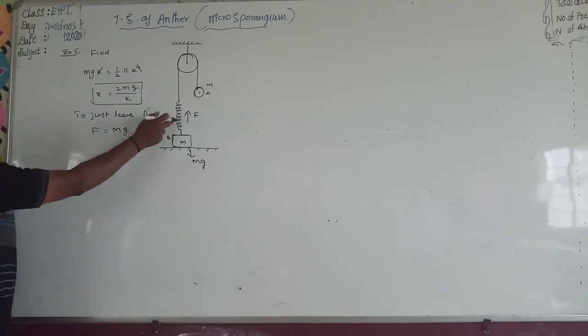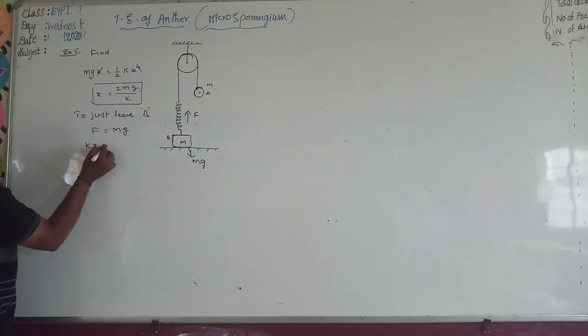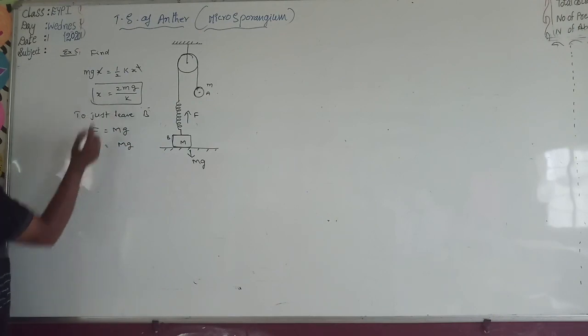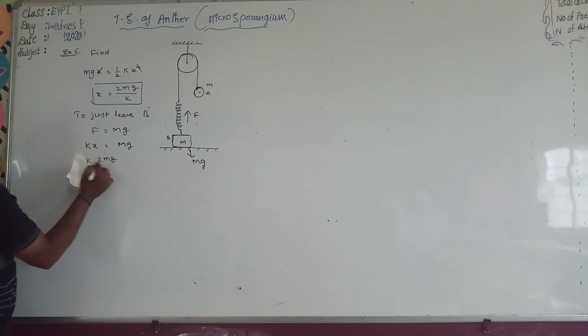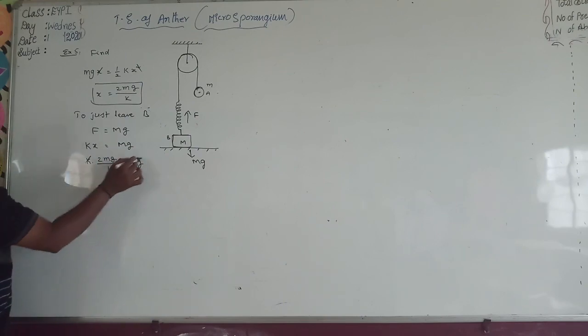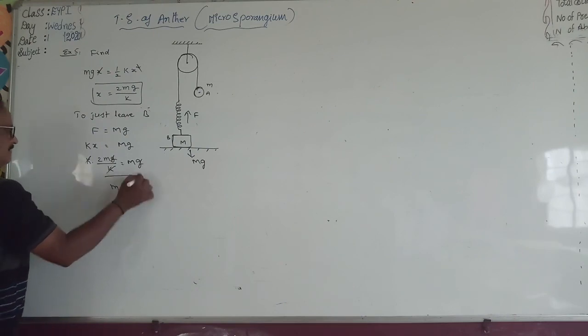But F is the restoring force developed inside the spring, which is also equal to Kx. So Kx equals capital M into G. Replacing x by 2mg by K, K cancels, G cancels, and small m is equal to capital M by 2.